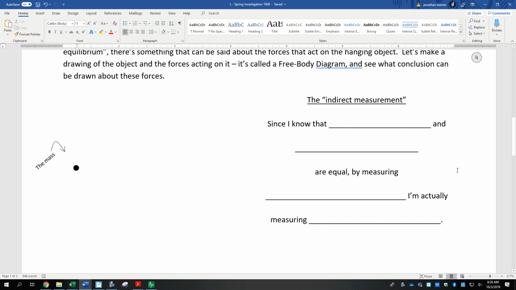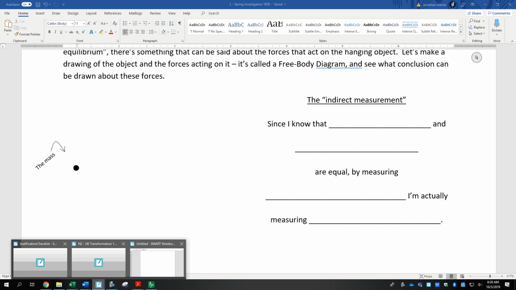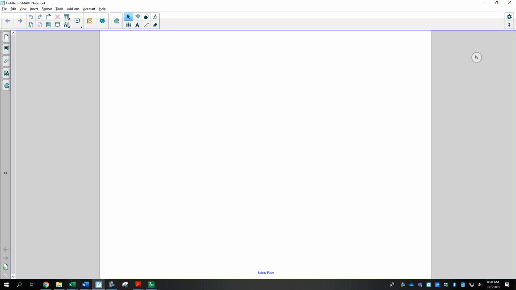So you're going to draw in this area here. We're going to draw something called a free body diagram, and we're going to identify the forces that are acting on our object. Now, the nice thing about free body diagrams is you don't have to be an artist. You don't have to draw anything artistically.